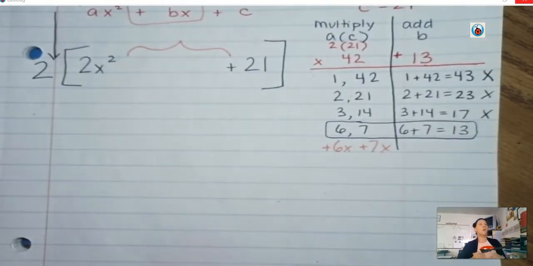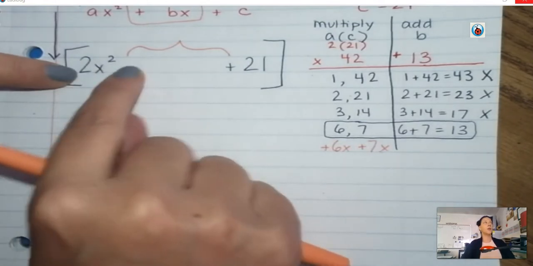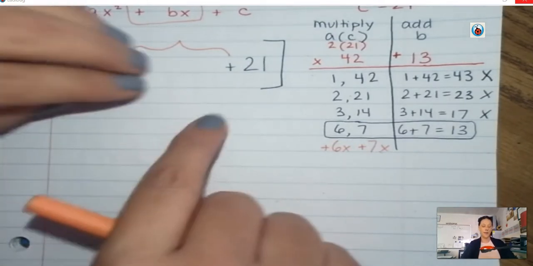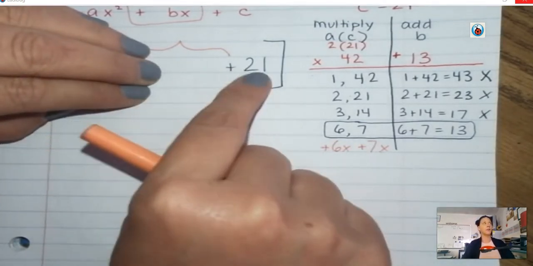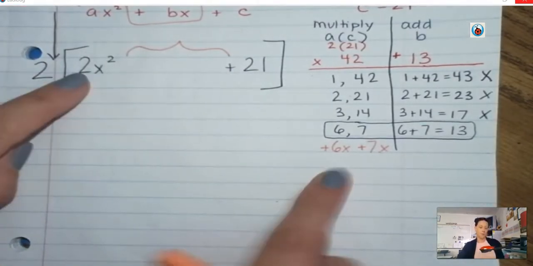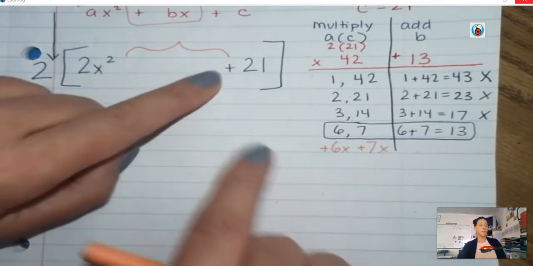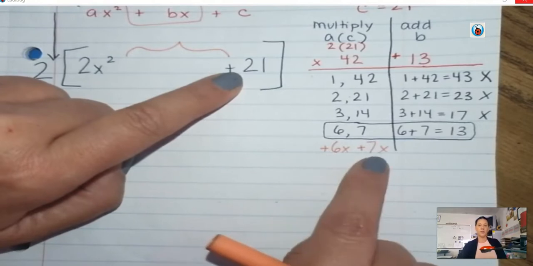You need to figure out what number you want to put first. So we're going to be finding the greatest common factor of 2x squared with one of those numbers, and then the greatest common factor of 21 and one of those numbers. So you want to think about, does 2 go with the 6 better, or does it go with the 7 better? And does 21 go better with the 6 or the 7?